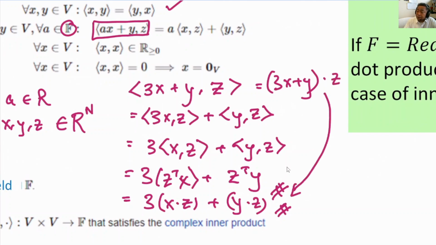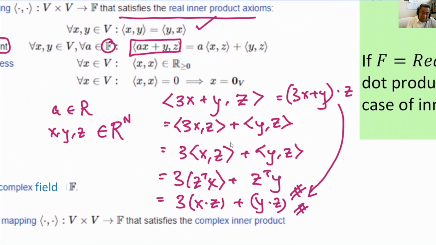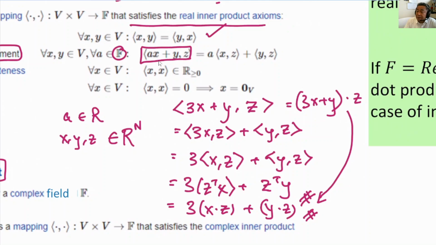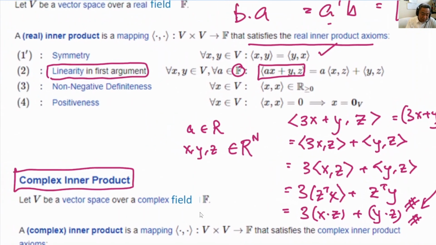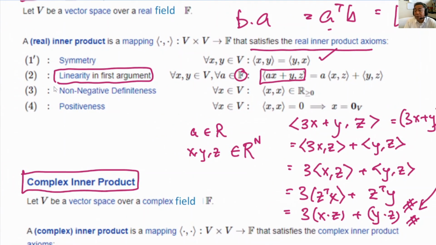Okay, you can prove it to yourself that this will be true, and when this is true, it is called linearity in the first slot or the first argument, where you can break the complicated first argument into its simpler components.